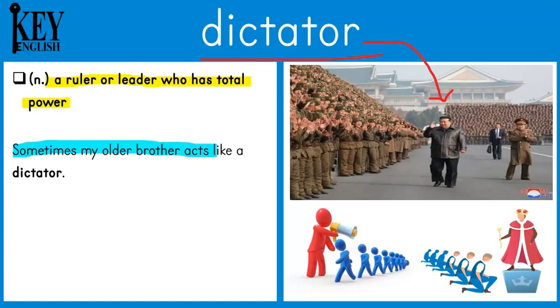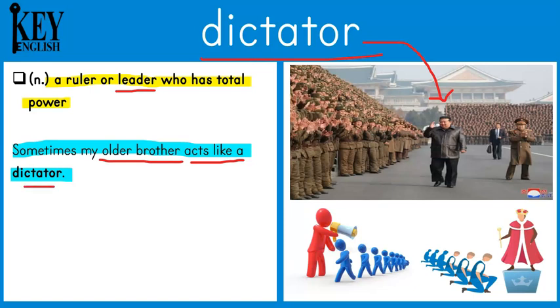Sometimes my older brother acts like a dictator. So we don't only have to use this word to describe an actual leader of a country, we can also use it to describe people who maybe are acting like they have all the power, like they can tell other people what to do. So if you have an older brother who's always trying to tell you what to do, then maybe you can say they are acting like a dictator.